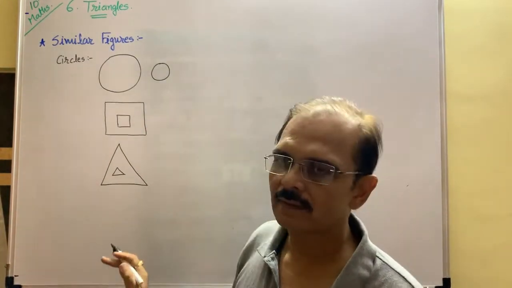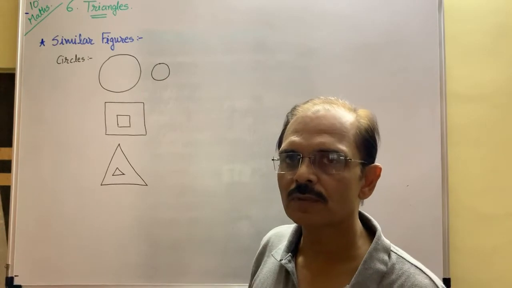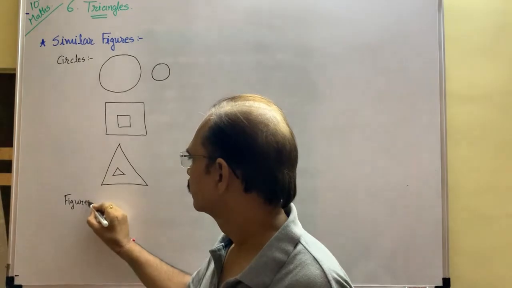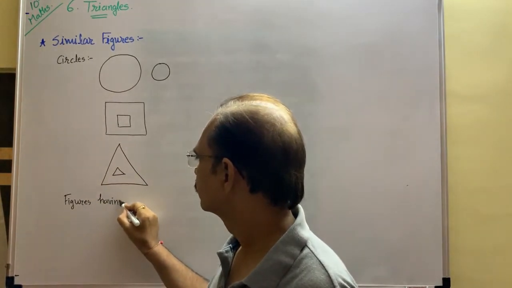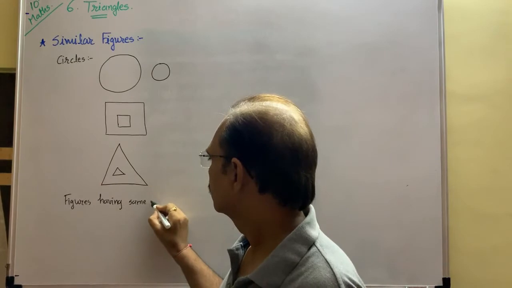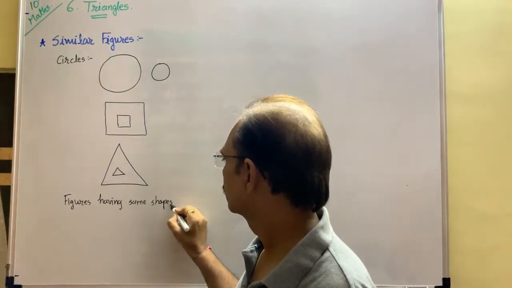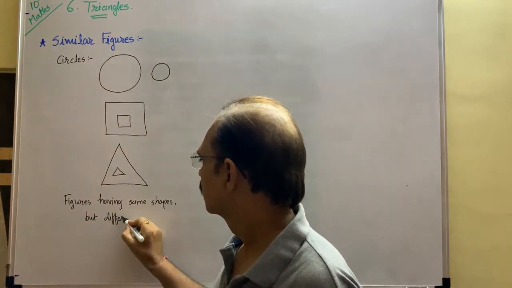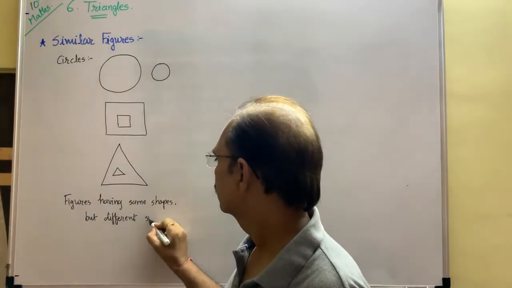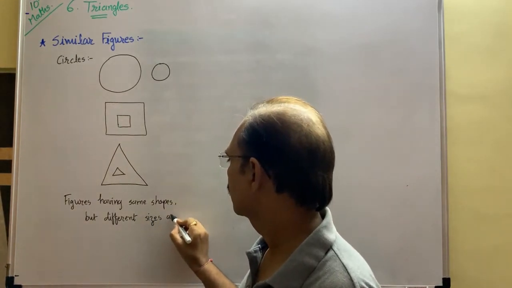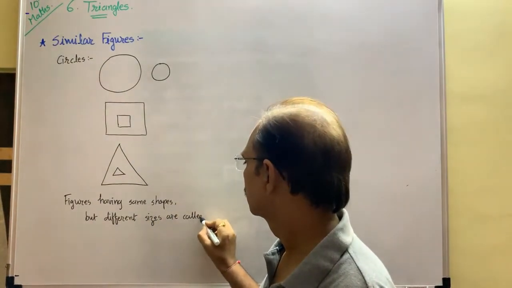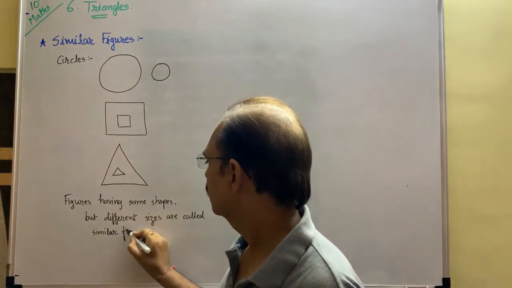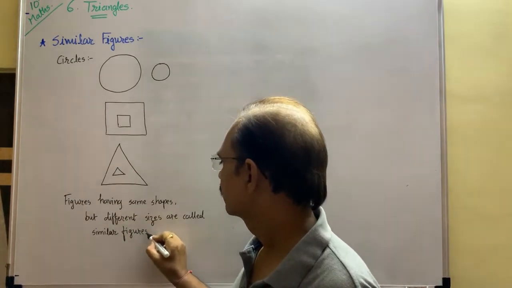So from these diagrams we can derive the definition of similar figures. Similar figures means the figures having same shapes but different sizes are called similar figures.